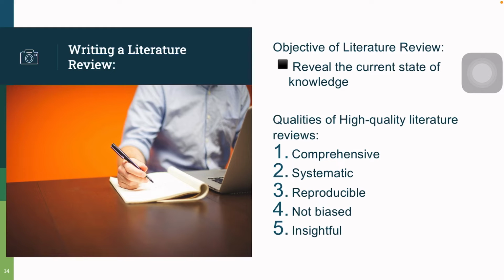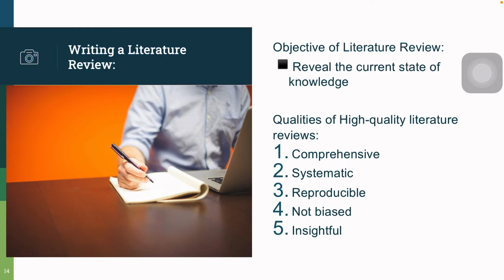Not biased. Another desirable attribute of a literature review is the absence of bias. This is more easily achieved when systematic rules for evaluating information are followed. Although reviewers cannot totally elude personal opinions, for this reason, systematic reviews are often conducted by teams of researchers who can evaluate each other's conclusions, so not just your own.